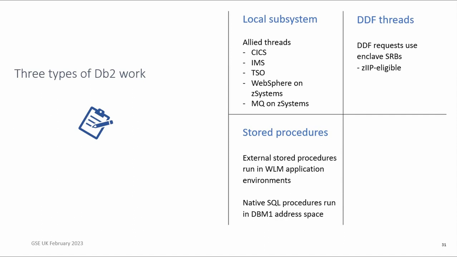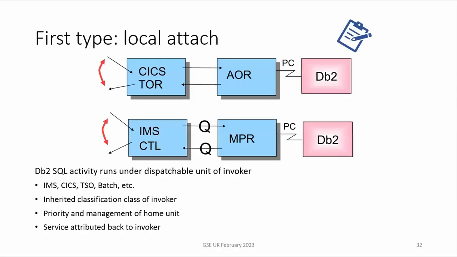So each of these kinds of work is going to get managed by WLM. For the allied threads using a local attach, in my example here, I've got CICS and IMS. These things have already gone through WLM qualification before they get to Db2.